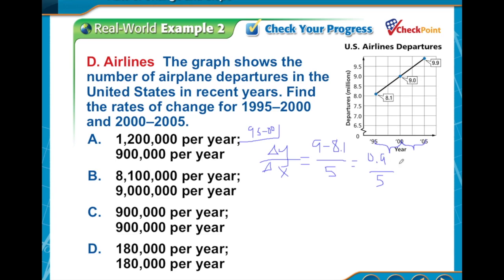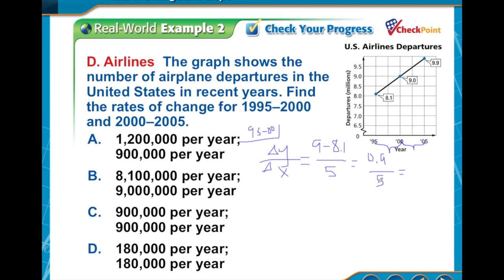So from here, now we could divide this 0.9 by 5, and we would get 0.18 million, since this 0.9 is in millions.